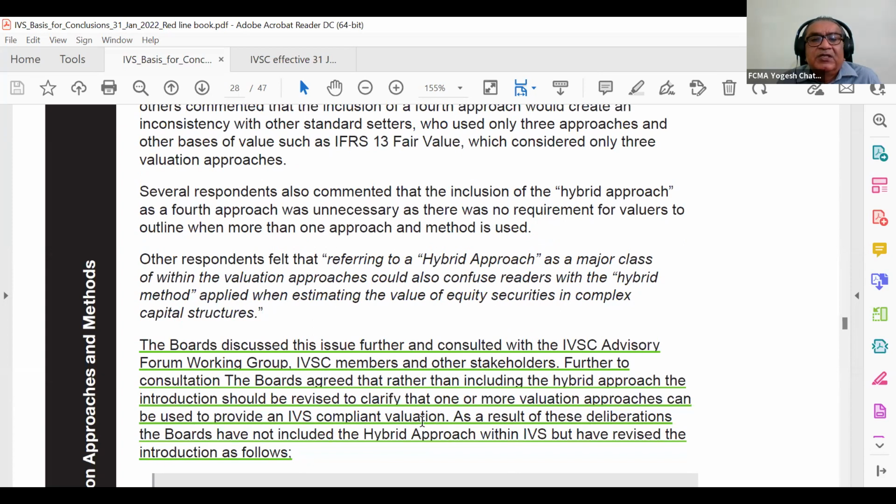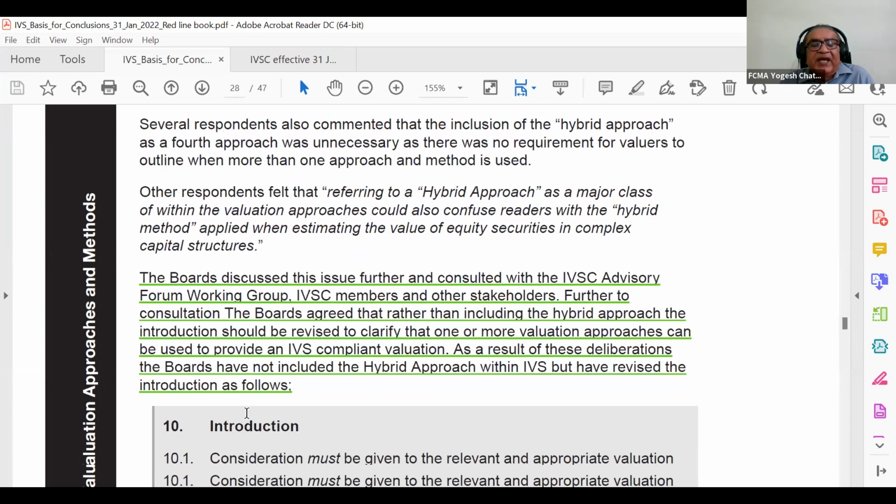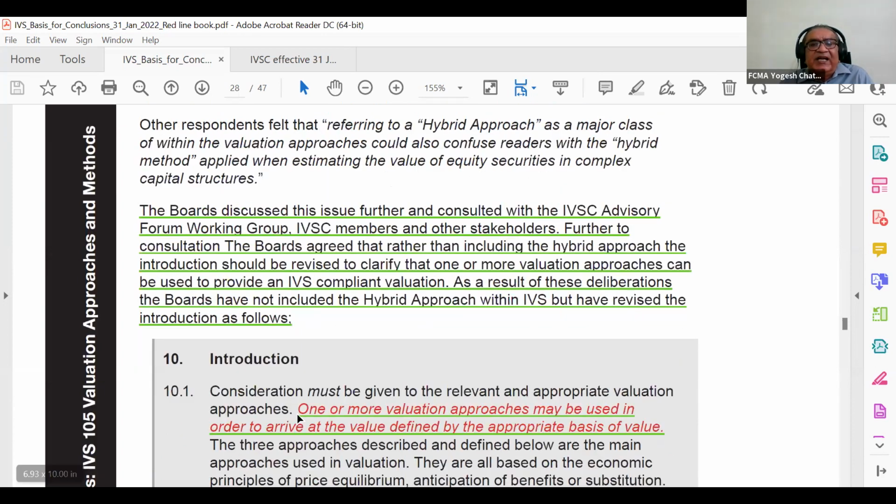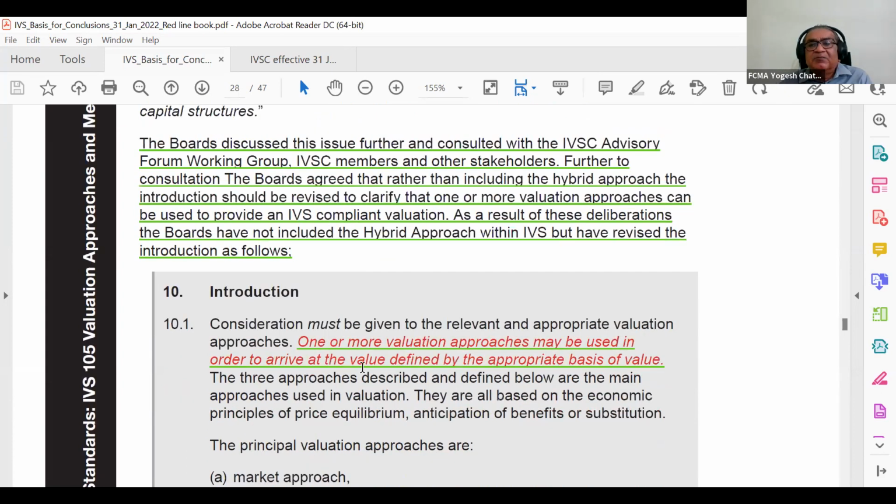So here is the introduction 10.1. That para is now amended, and it also provides that one or more valuation approaches may be used in order to arrive at the value defined by the appropriate basis of value. So this is also a very important guidance provided.